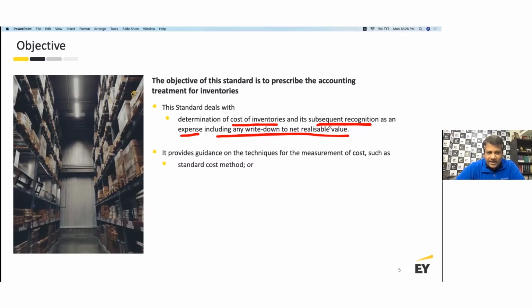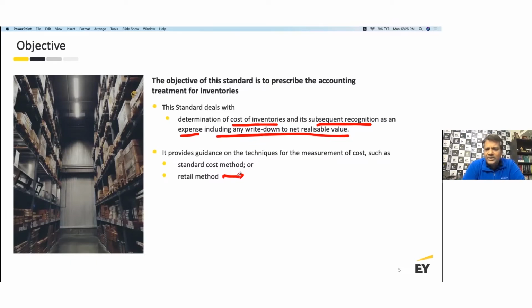You may apply the standard costing method, or you may apply a retail method, right? This is commonly seen in the retail industry, like the likes of Shoppers Stop or Big Bazaar, or those types of companies. They may follow a retail method, which is, let's say, the MRP in the system is 100 rupees, and what are the general markups you use for that category of product, right?